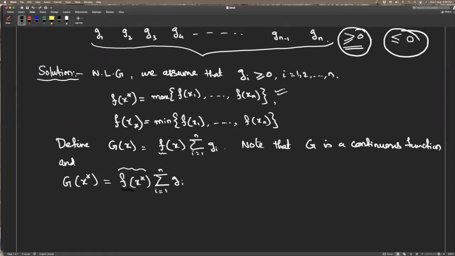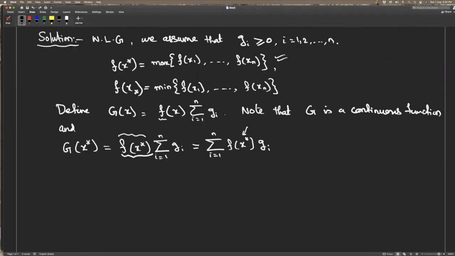Now you see, this is a fixed number, therefore you can push it inside the sum i equal to 1 to n f of x star into gi. And since x star is the point at which the maximum is attained, this number is greater than all the numbers f of xi's.